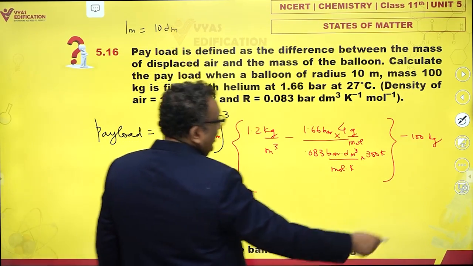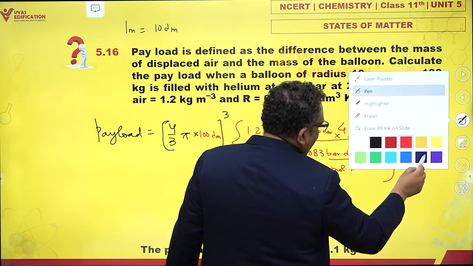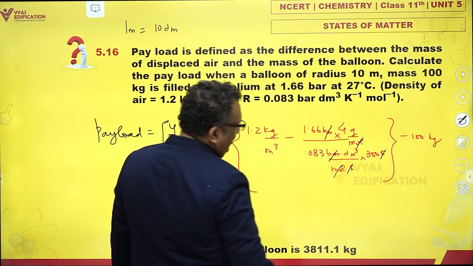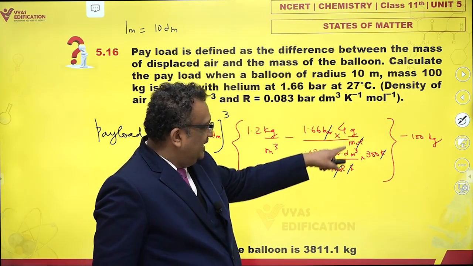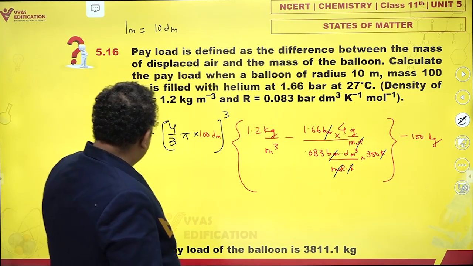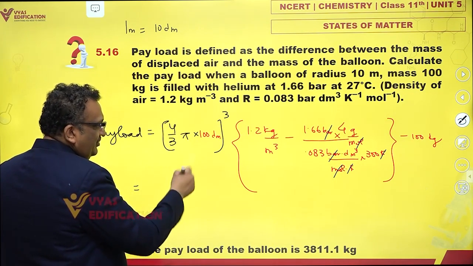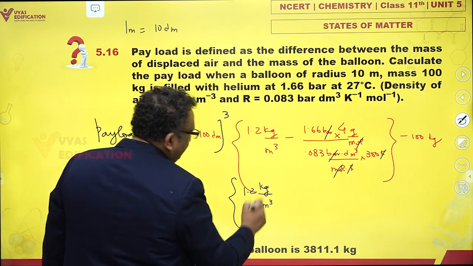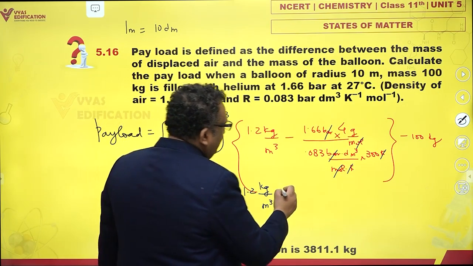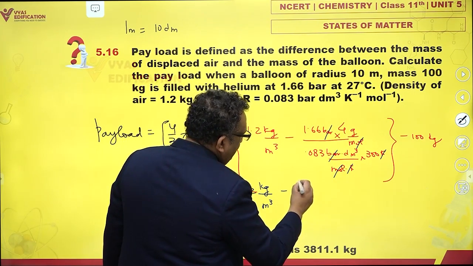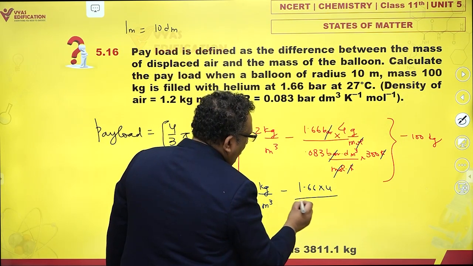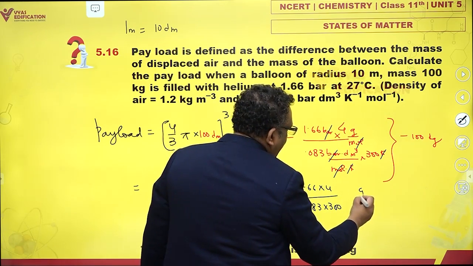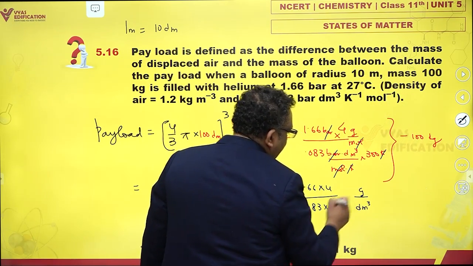First of all, be careful about the units because this seems to be having mixed units. Bar cancels away with bar, mole with mole, Kelvin with Kelvin. So I'm going to obtain something in grams per decimeter cube here, it looks like. This is 1.2 kg per meter cube. Fine. Minus 1.66 into 4 upon 0.083 into 300 grams per decimeter cube.